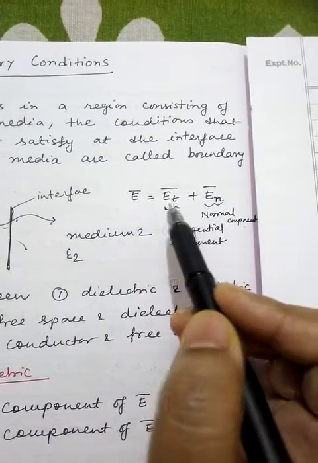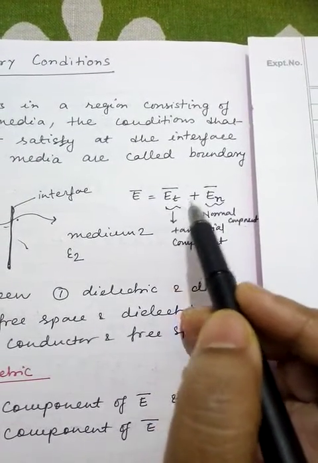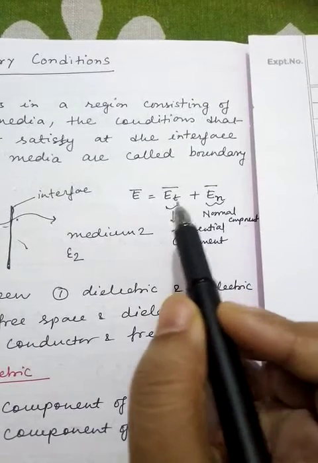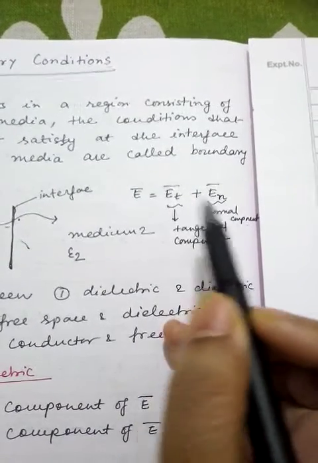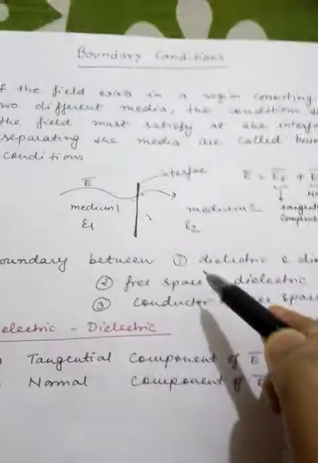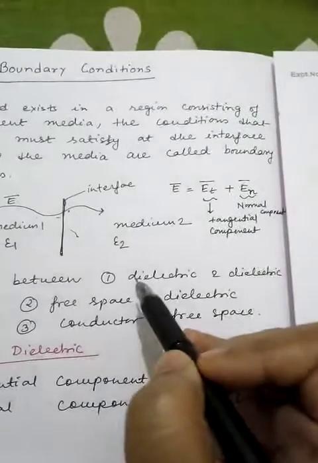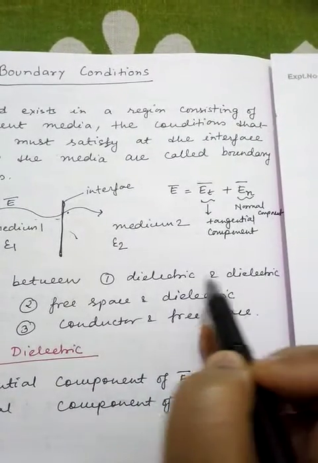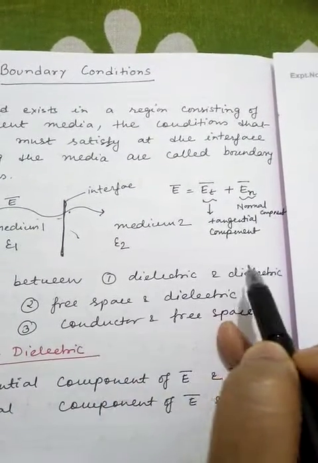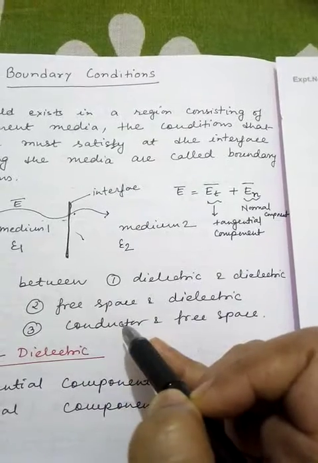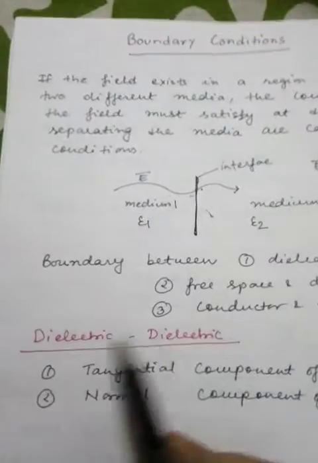Not only for E, that is electric field intensity, we will find expressions for electric flux density D also. If we find out the conditions for a dielectric, it would be easy to find out the other two. Okay, so let us start with the dielectric boundary.